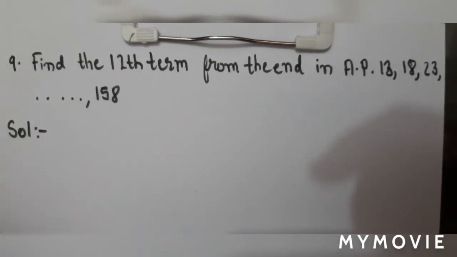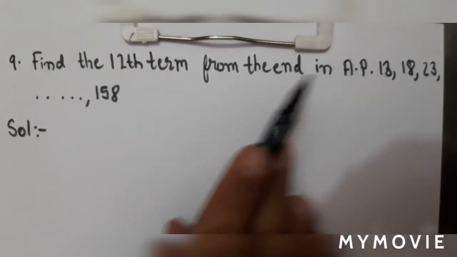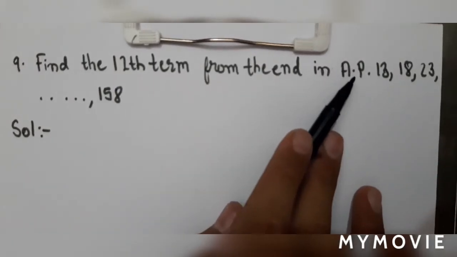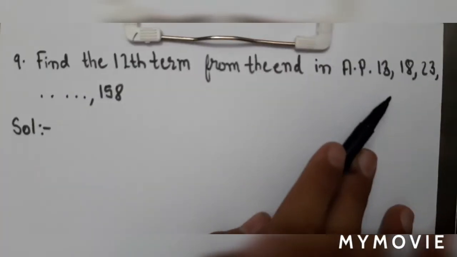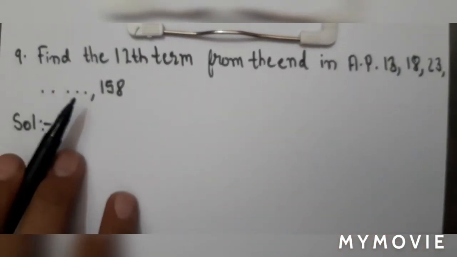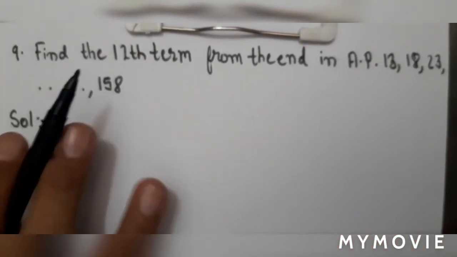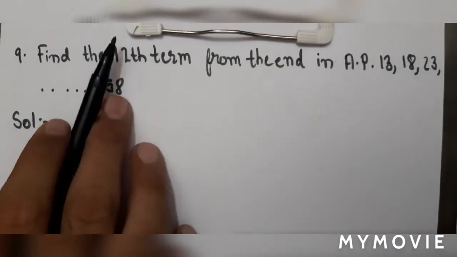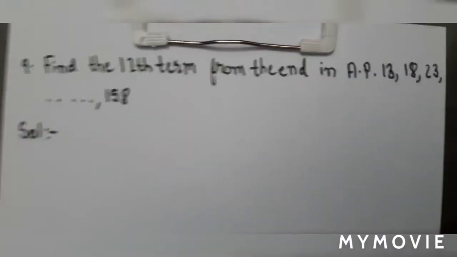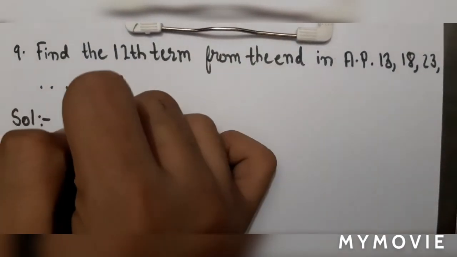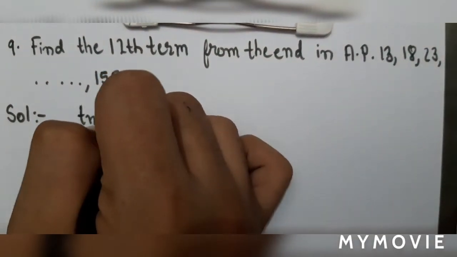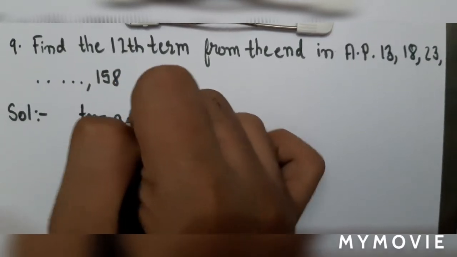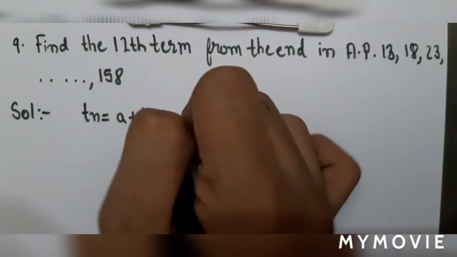So friends, our next question is: find the 12th term from the end in the AP 13, 18, 23, and so on, up to 158. So we should find the 12th term from the last of the series. For finding this we should apply the formula Tn is equal to a plus n minus 1 d.